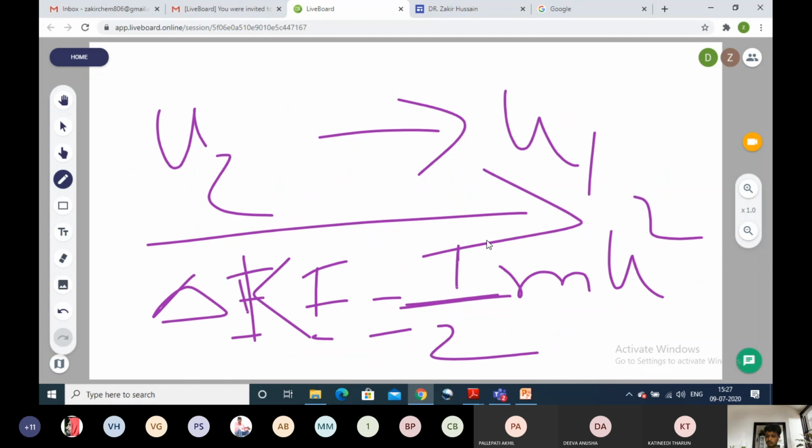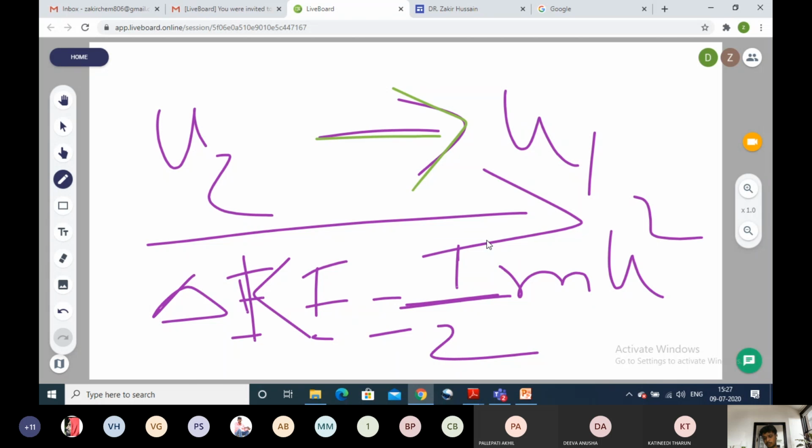Then kinetic energy change. In order to change a velocity, here velocity is changing, changing means it is nothing but a change in kinetic energy. Whenever the height is changing, there must be some potential energy. Potential energy is with respect to height, altitude changing, whereas kinetic energy is change in velocities.